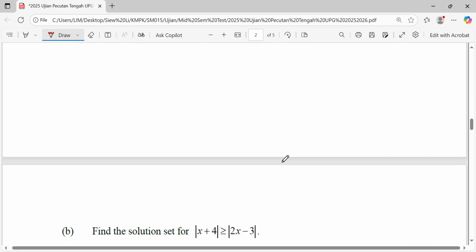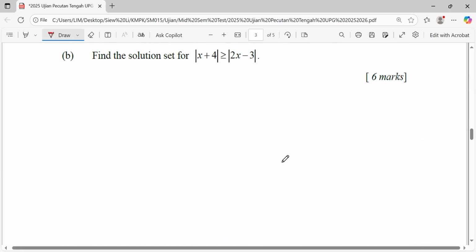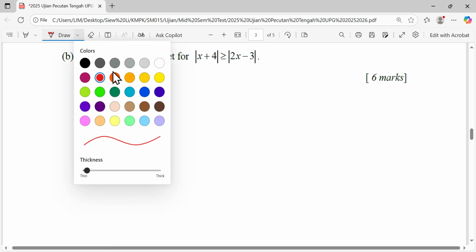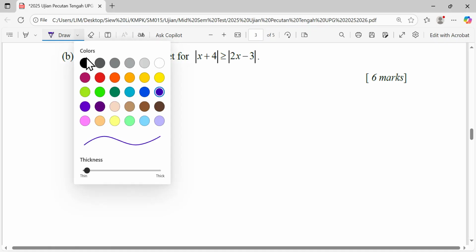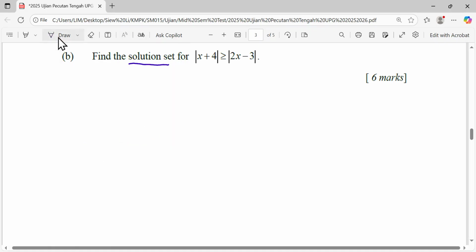We continue for question B. So for this question, they ask us to find the solution set for modulus. When we have modulus both sides, our method to solve this modulus inequalities both sides is by squaring both sides.